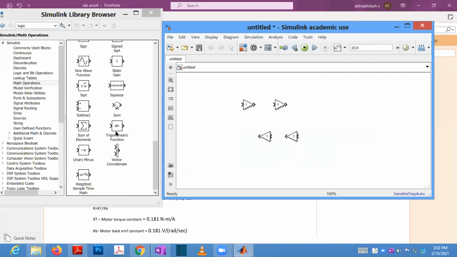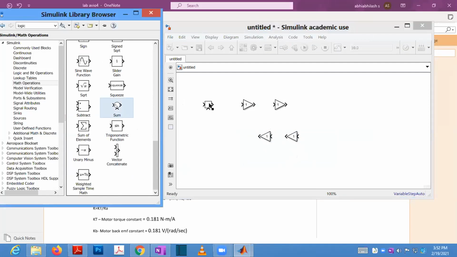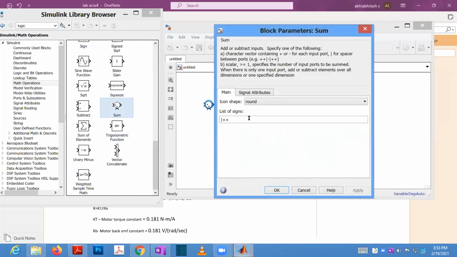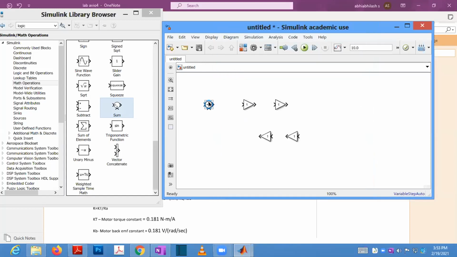In the math toolbox, at the bottom, the sum block is there. Drag and drop it here. Double click on that. Change plus plus to plus minus. And right click and drag it.